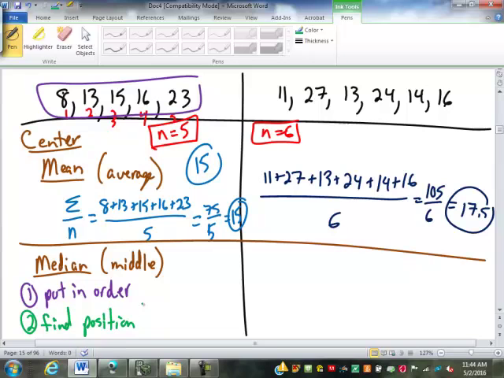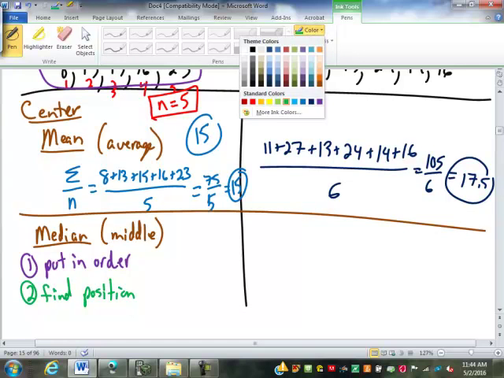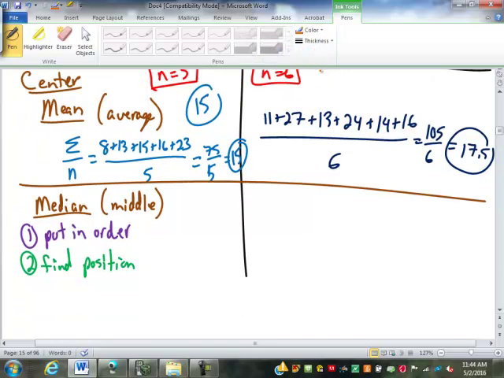Now the median is the middle number, but another definition is it's the number such that half the values are smaller and half are larger. So we want to find the halfway point. So to find the position of the median, we use 1/2 or 0.5 times n. So for this set, it's 0.5 times 5, because there are 5 numbers in the list.